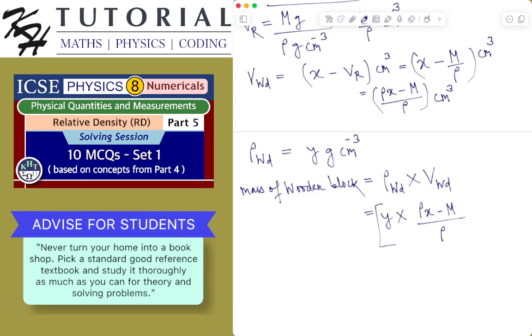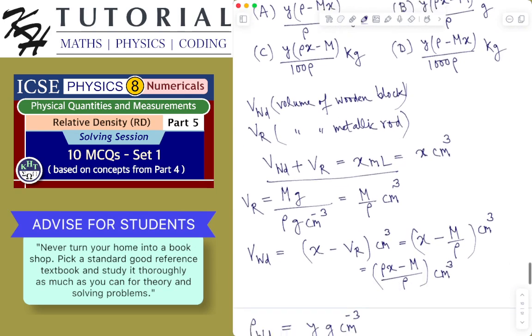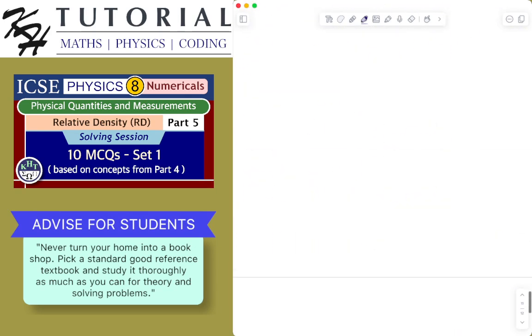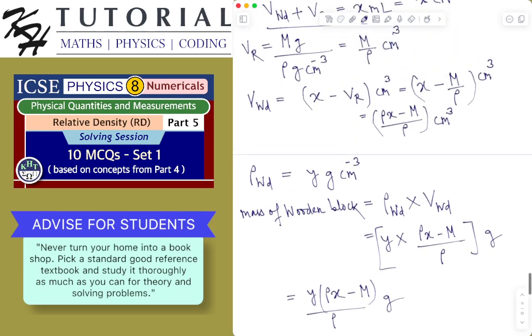This much gram should be the mass of the wooden block. If I write it neatly, this will be Y multiplied by rho into x minus capital M whole divided by rho, this much gram. Let's see what are the choices given.